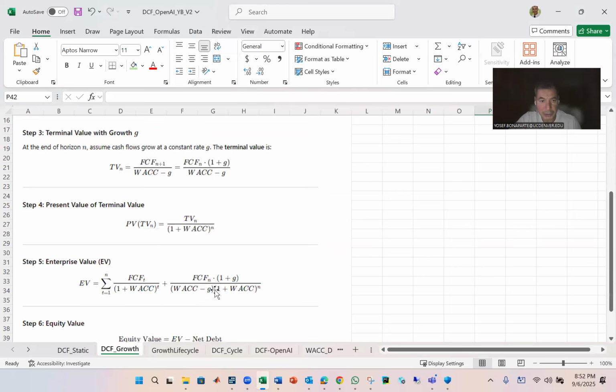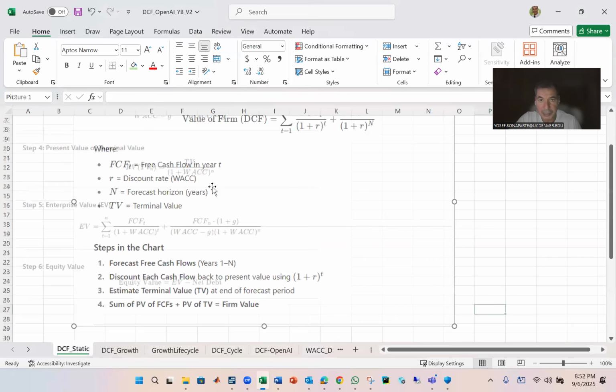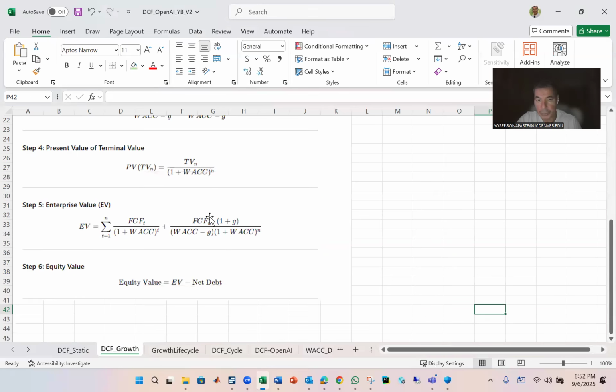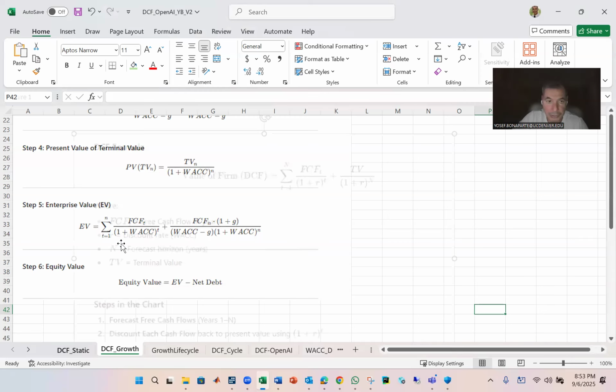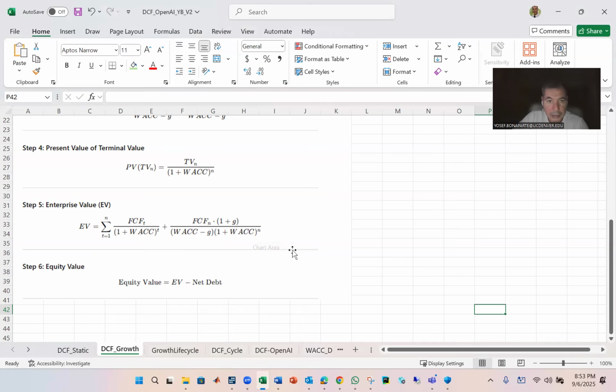So this is the same component as static, but the terminal value will be with the growth, like the company's cash flow growing 10%. Suppose it was 50 growing at 10%, so 50 times 1.1, divided by the WACC. WACC is the weighted average cost of capital, which is the discount factor here, the R. And this is the formula.